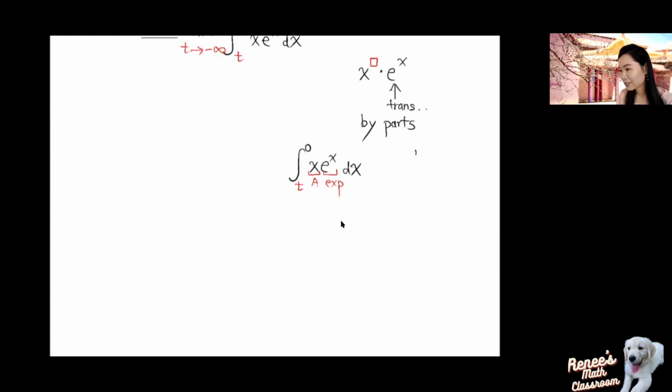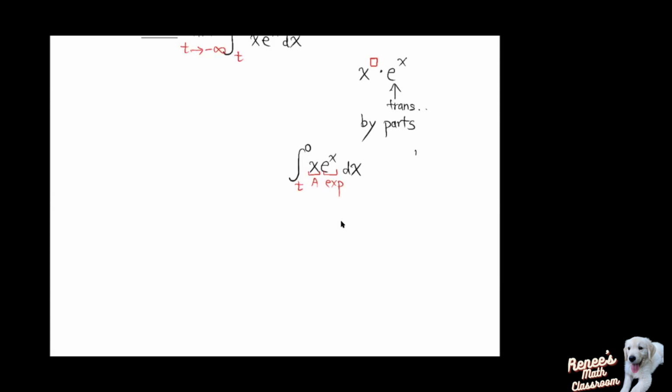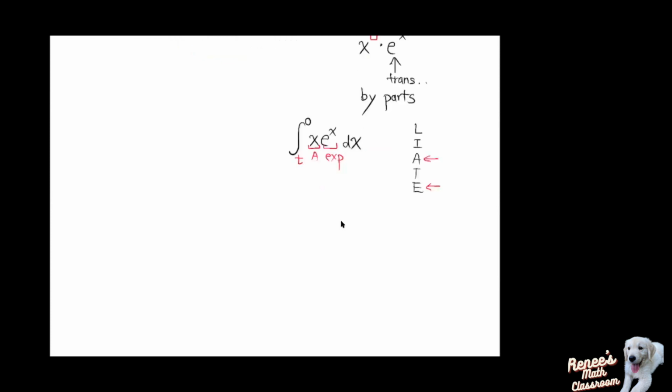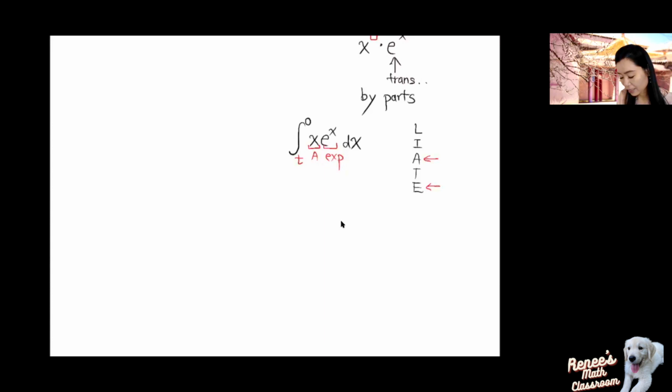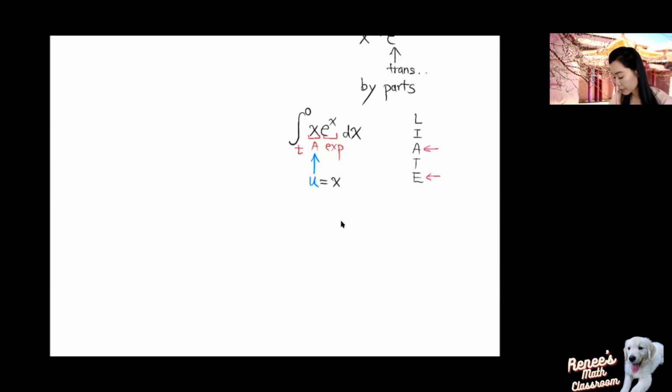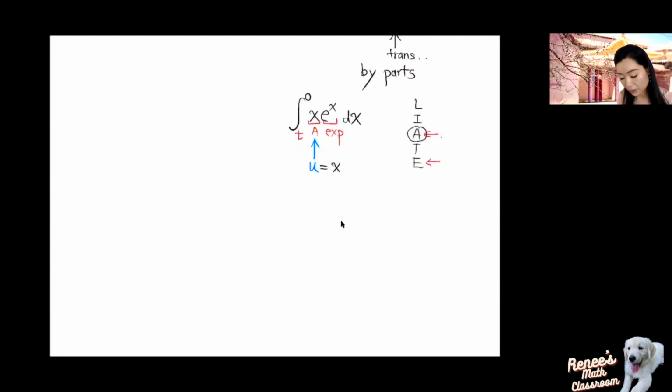So we're going to let u be what? x. We let u equal to x, because this one comes first. Now u equals x, and then we have dv equals e to the x dx.